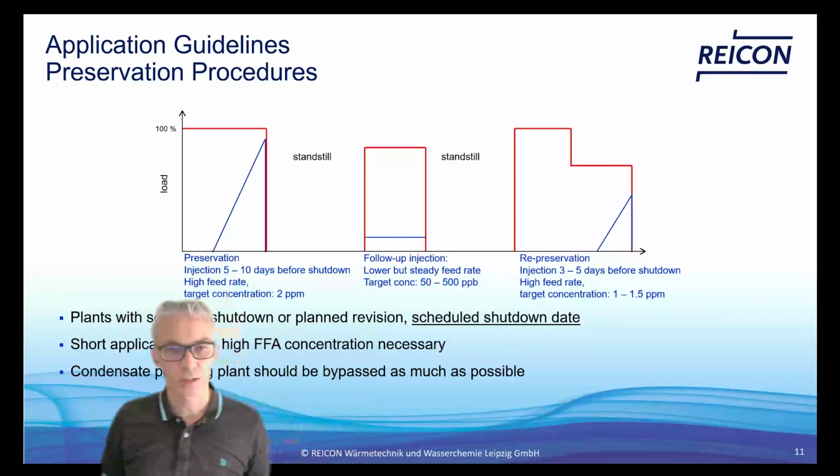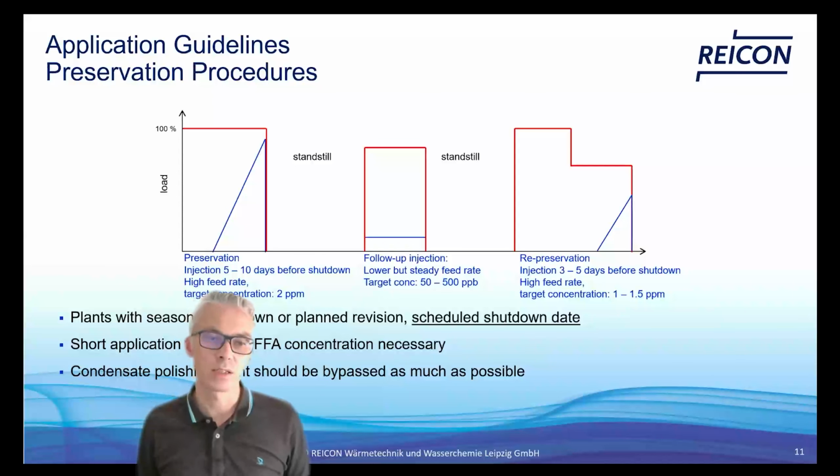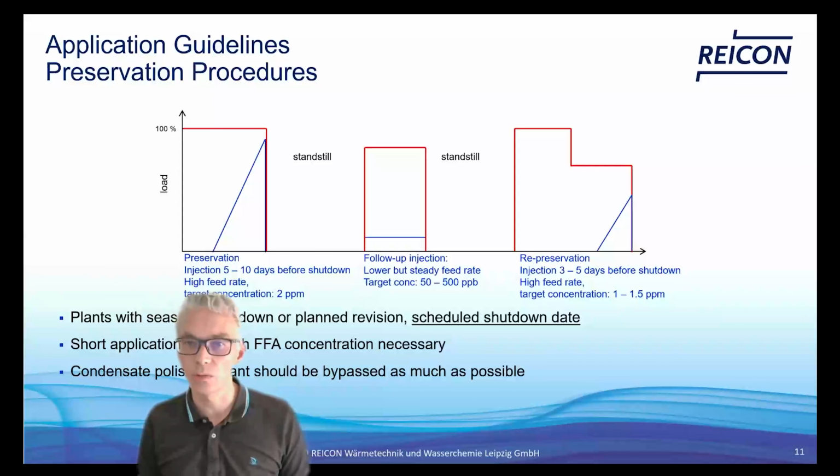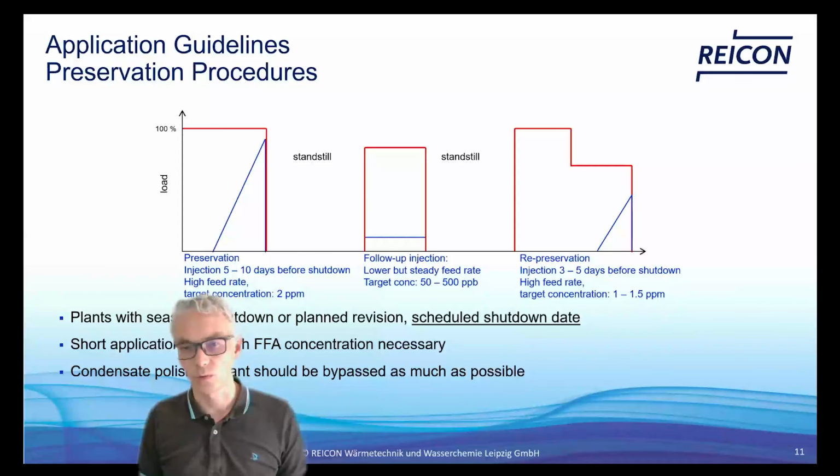During preservations, you see the high concentration, so then it's necessary to bypass the condensate polishing plant as much as possible, because otherwise the resin will remove a lot of the film-forming amine, which is not good for the preservation process, as well as not good for the resin.